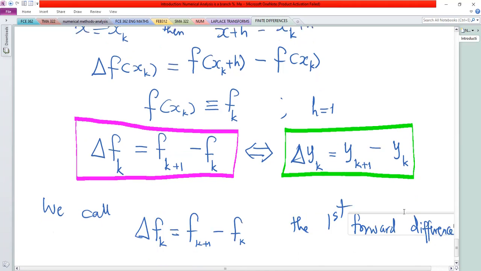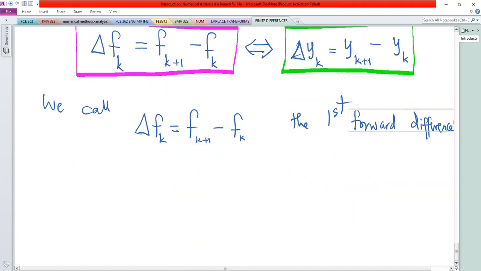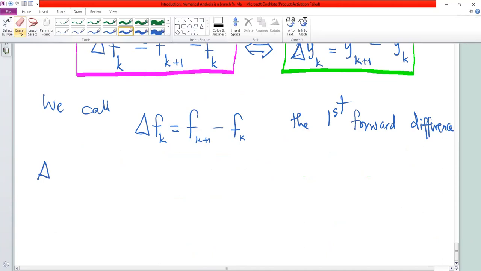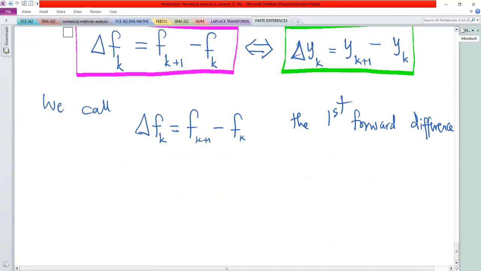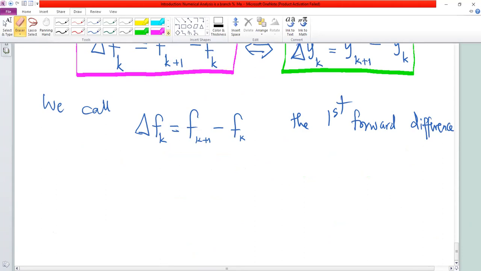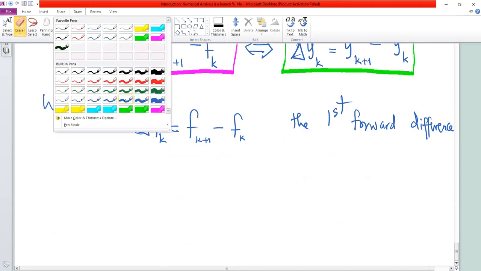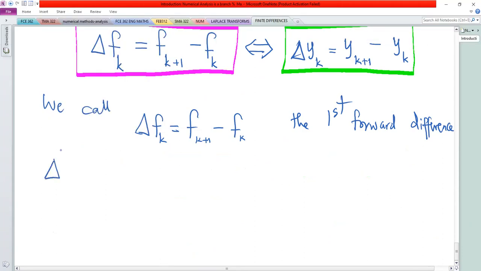Now, let's see how to define the second forward difference. The second forward difference will be given by simply raising this operator to 2. So it will be the second forward difference of f sub k, which can be written as forward of forward of f sub k.